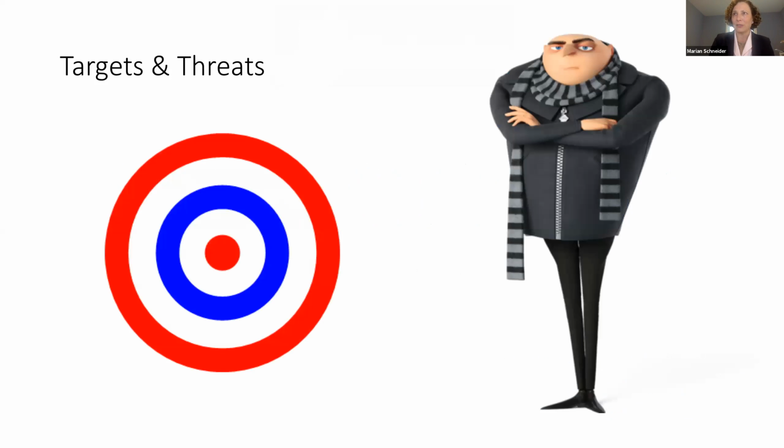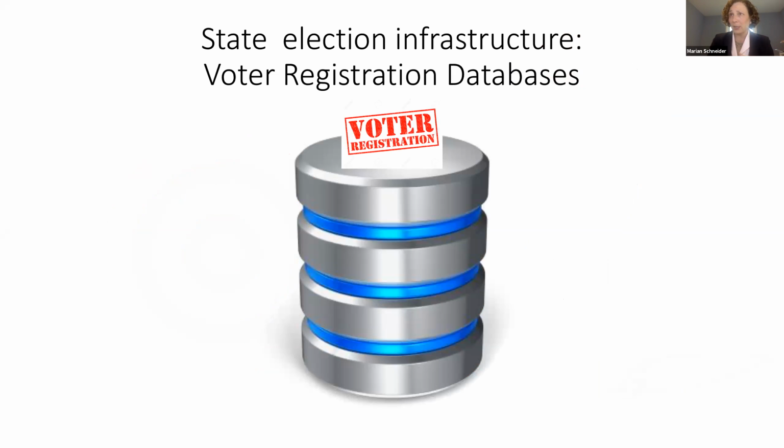But first, just as an initial matter, the 2016 election underscored what the targets were, and it changed the threat model as far as who could possibly interfere with our elections. So what we need to understand is that we have voter registration databases. We have those that are also used for printing poll books, and they're also used to populate electronic poll books.